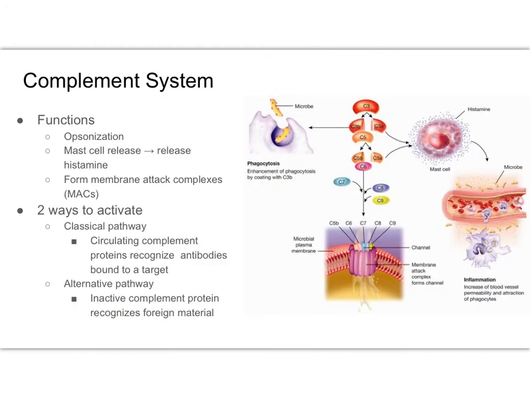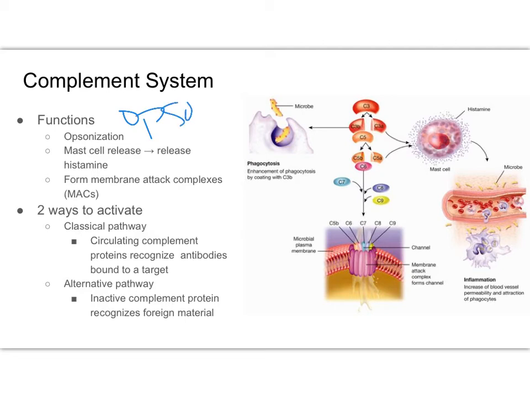Another one of our non-specific defenses is the complement system, and the complement system has a variety of functions. One of the functions is what's called opsonization. It's spelled for you right here. Opsonization is basically the marking of foreign cells, of cells that are infected, with opsonins.